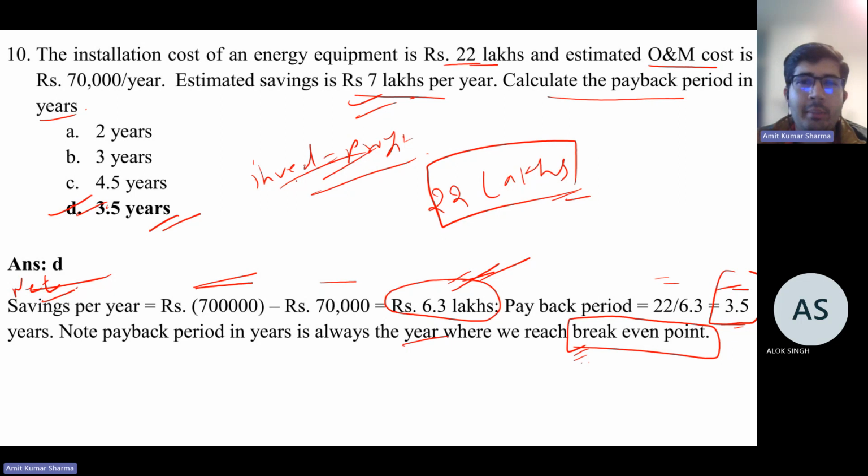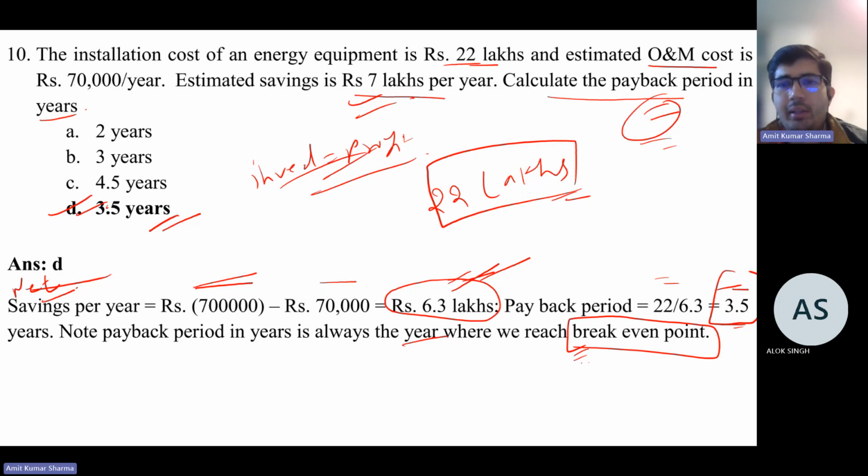So one another point here is that this payback period method is not considering the net present value, because after 3 years the value of 22 lakh will not remain 22 lakhs. In terms of counting, it will remain 22 lakhs only.